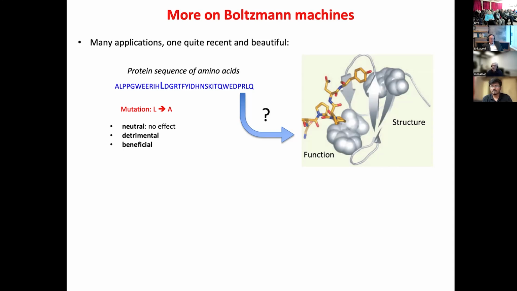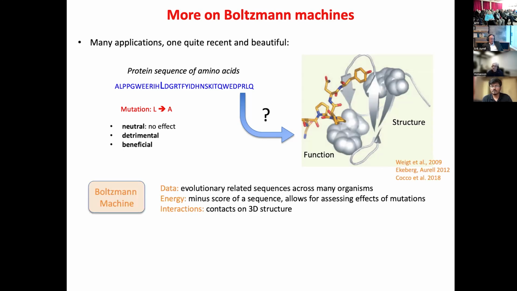Well, we need data to understand this mapping, and here I'm citing some of the people who have been collaborating and contributing a lot to this particular field, and Eric was one of them. So what we can use is evolutionary related sequences across many organisms.